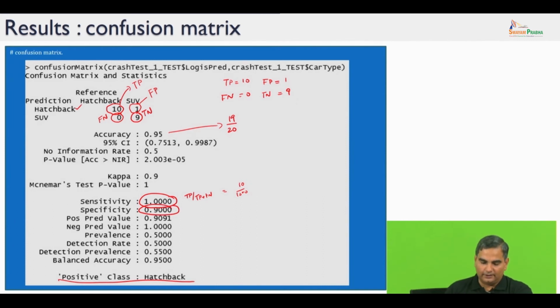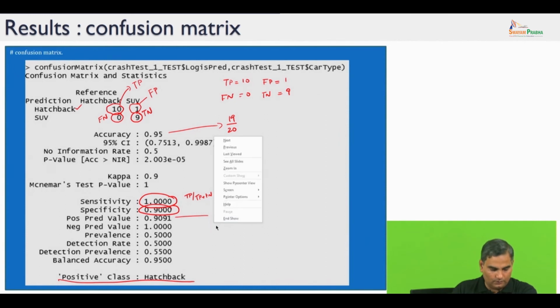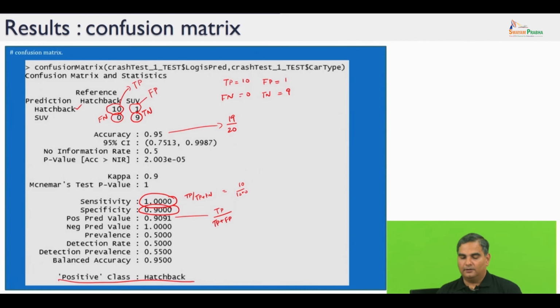Now, let us look at the positive predictive value. The positive predictive value is one where, of all the labels that were identified as positive, how many of them were actually true positive. So, this would be true positive divided by true positive plus false positive, because we are talking about all the labels that are identified as positive, that is this number, of which how many are true.